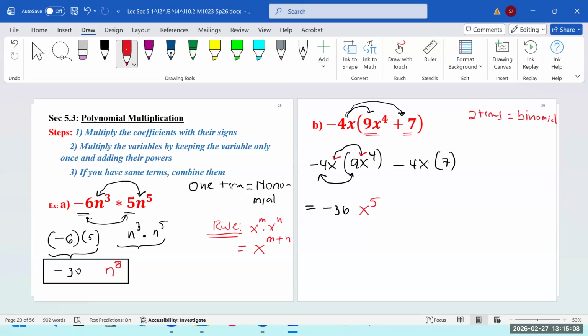You add the powers. See, multiplication rule for the variable. You add the powers by keeping your variable once. And then we have negative 4 times 7, negative 28. And we have only one variable here. What is our variable? X. We have nothing to combine, so we are done.